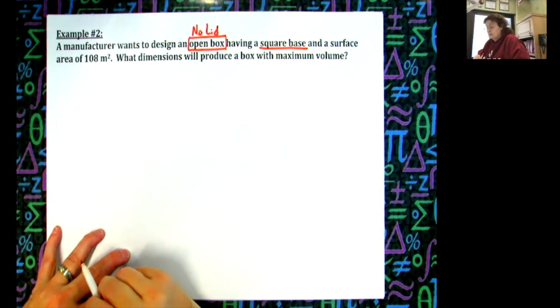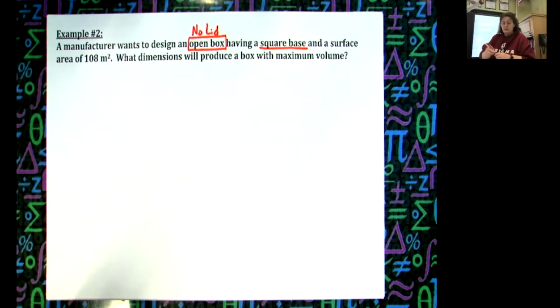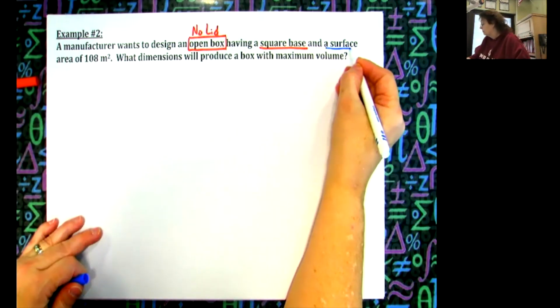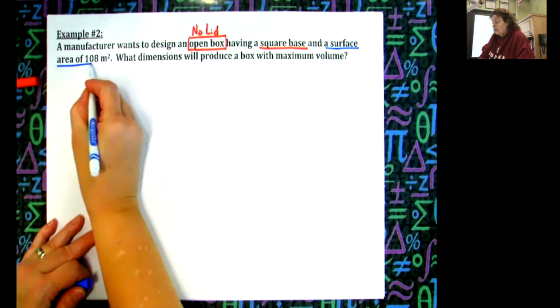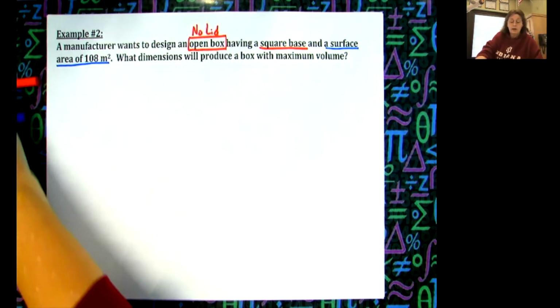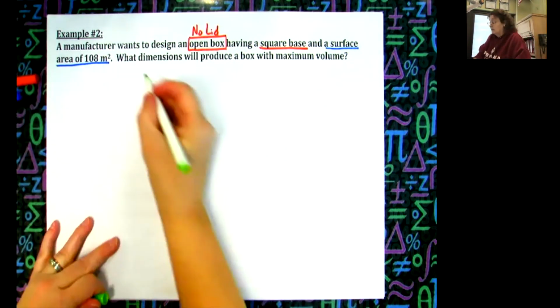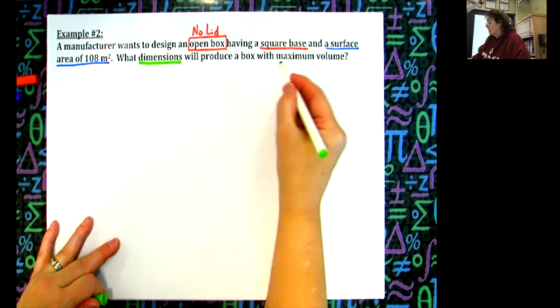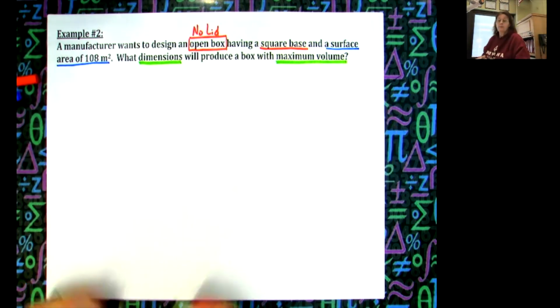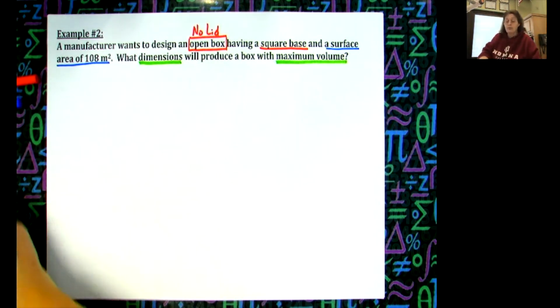Square base. And let's switch colors here. A surface area of 108 meters squared. And I'm wanting to find the dimensions that will produce a box with maximum volume. Those are all the important things here.